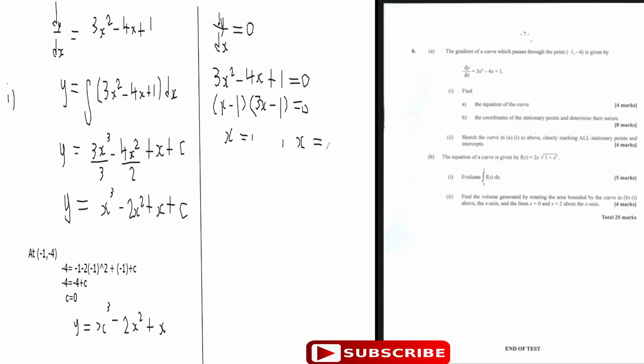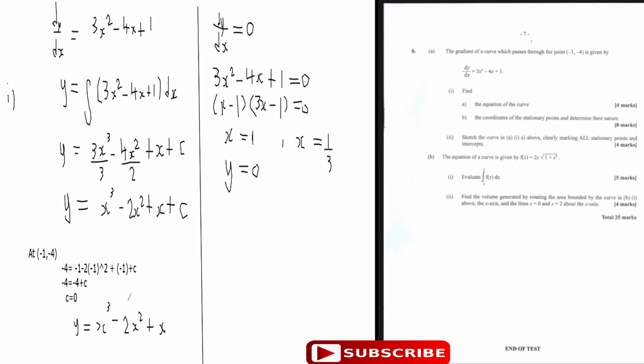So now that these are the two stationary points, what do we do? Now x is 1, we need to find y. When x is 1, we plug in 1 here, we have 1 cubed minus 2 times 1 squared plus 1. So when x is 1, we get y is 0. Then we'll put in 1 over 3. So then we're going to have 1 over 3 cubed minus 2 times 1 over 3 squared plus 1 over 3.